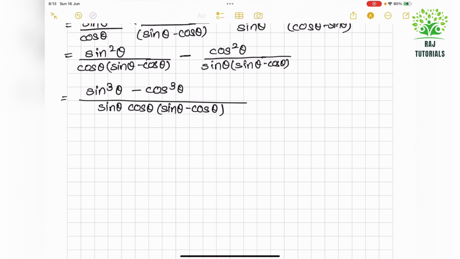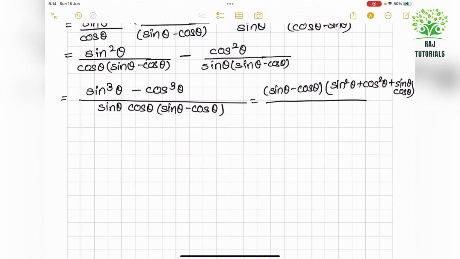So this becomes sin cube theta minus cos cube theta. So this will come as (sin theta minus cos theta) into (sin square theta plus cos square theta plus sin theta cos theta), and whole upon sin theta cos theta into (sin theta minus cos theta).